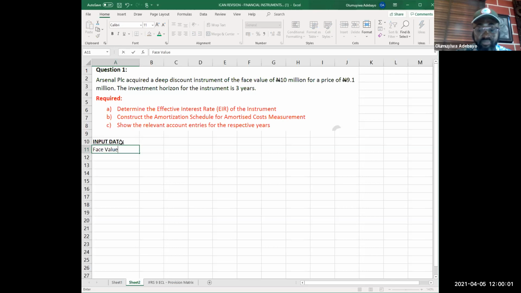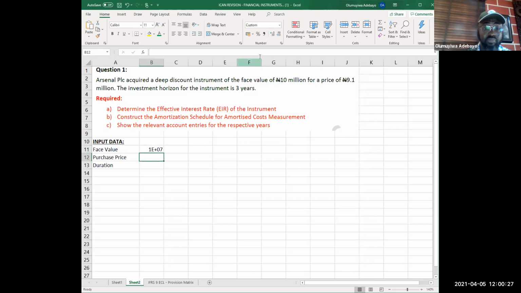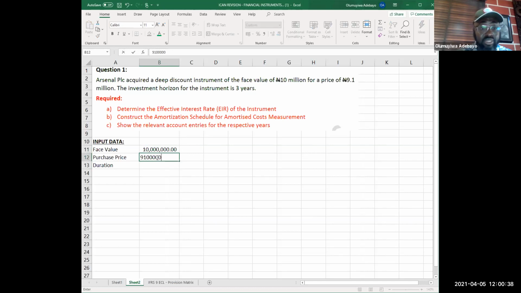The face value, the purchase price, the duration or tenor. $10 million, $9.1 million, and 3 years, in years.